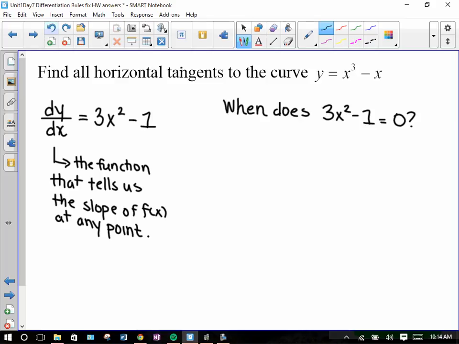However, I don't think that we can actually factor this right now. So what we can do is pull up our graphing calculator.